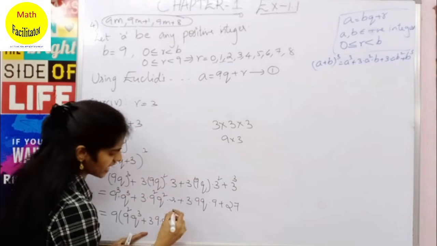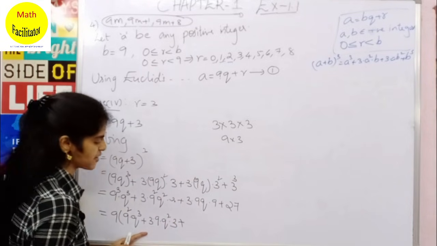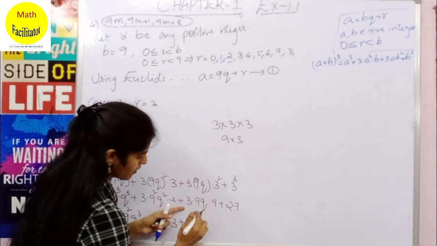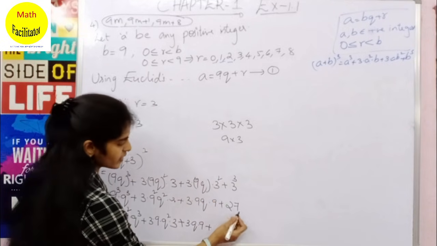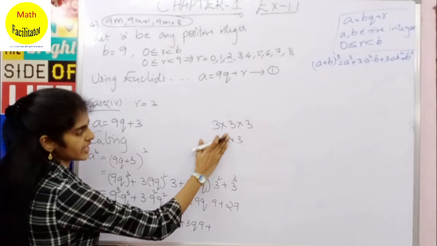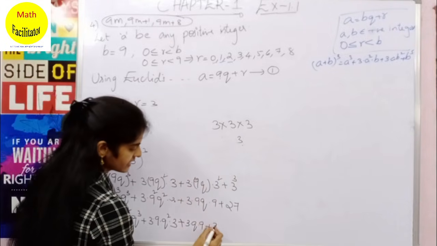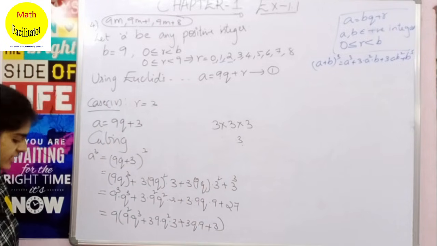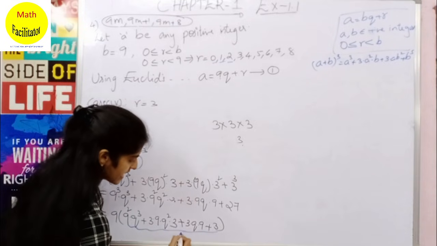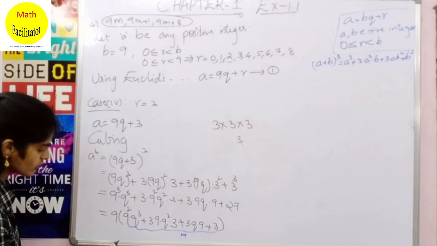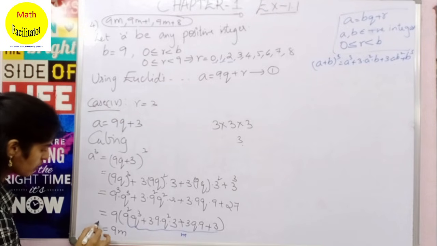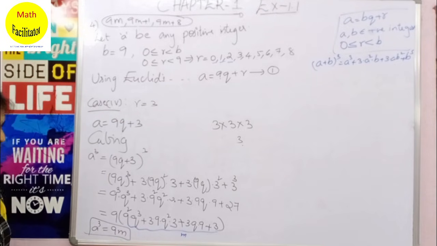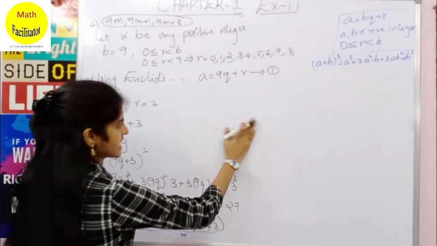You don't have to calculate because in the next step you will take it as m. Now here one 9 if you take common you have 3 into q into 9. Plus here 27 is nothing but 9 into 3. If you take 9 common you are left out with 3. Now this entire thing in the brackets I will take it as m. So this will become 9m. Simple. So cube of this number you got it as 9m. Clear? So let us take the next case.